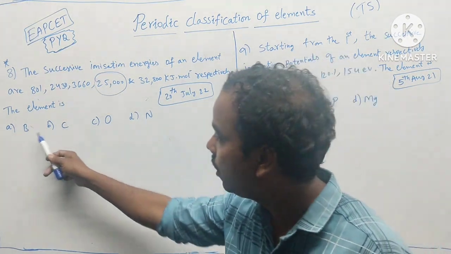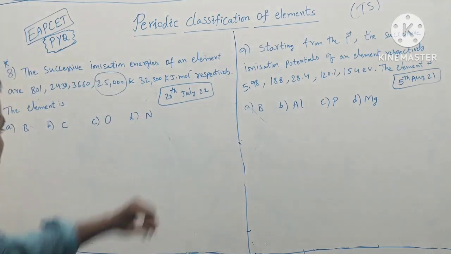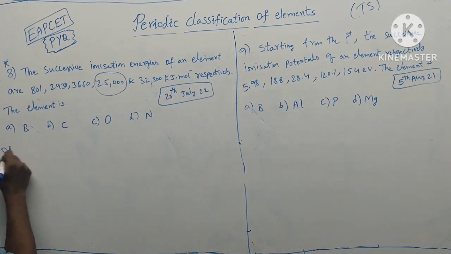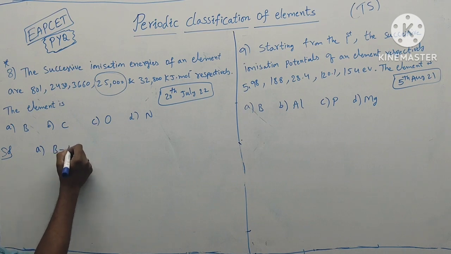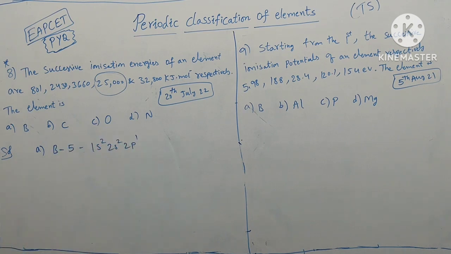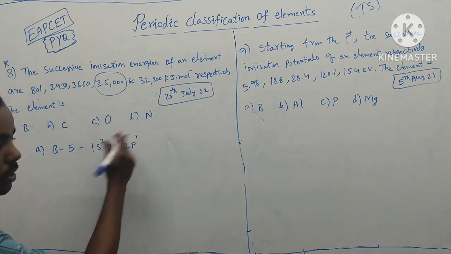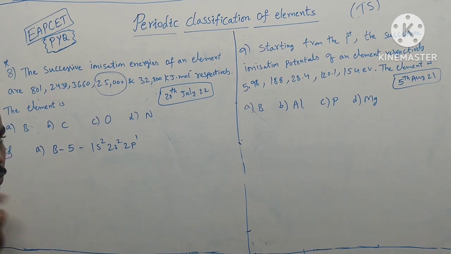So which element, after removal of 3 electrons, is converted to noble gas configuration? Observe A, boron, atomic number 5: 1s2, 2s2, 2p1. Valence electronic configuration 2s2, 2p1.